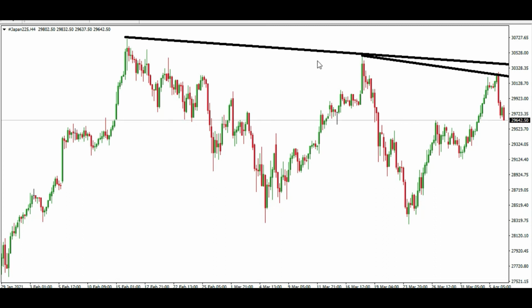But this longer trend line has bigger impact than the trend line that connects only two dots, because the more dots you connect, the more significant the trend line is. If I have 5, 6, 7 dots connected with the trend line, that means that trend line is a strong resistance or strong support.